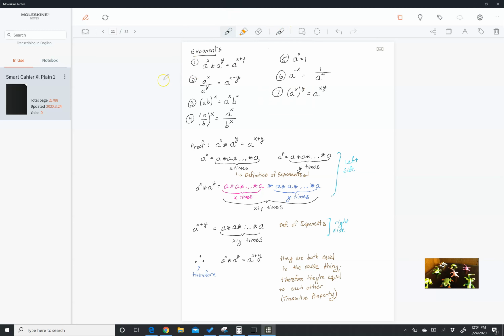So this is a Latin. I don't even remember what it stands for. But you'll see this at the end of every math proof. And essentially what it means is, we did it, we're done.